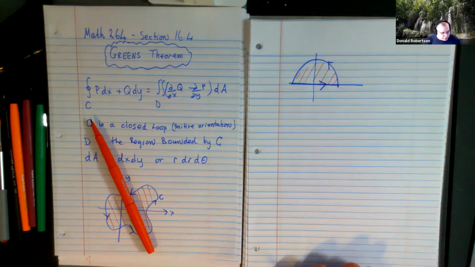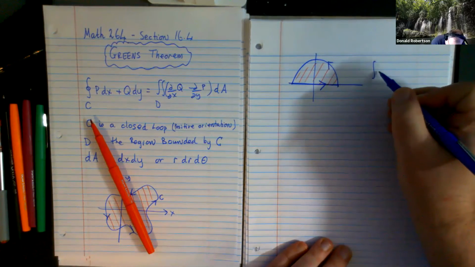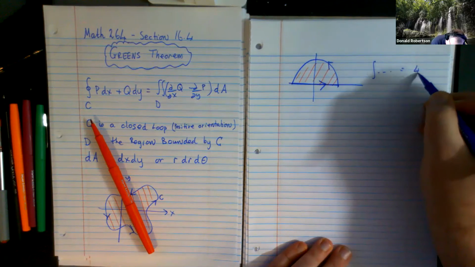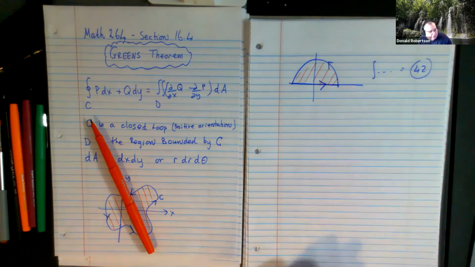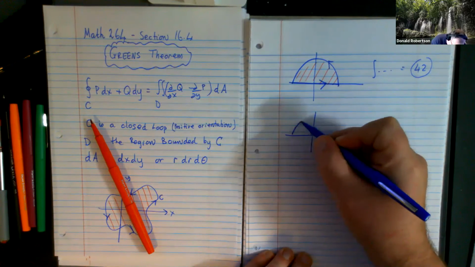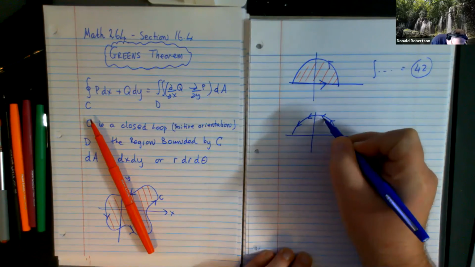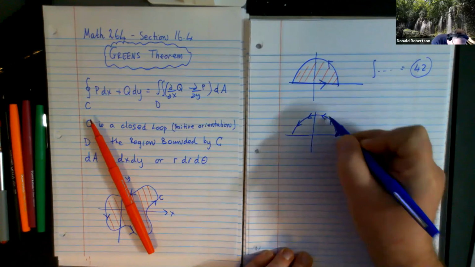Okay, we could do that. And we could get the line integral of whatever it is, and let's pretend that the answer is 42. No biggie, right? You've done it. But suppose the question was really just that part, from here to here, nothing else.